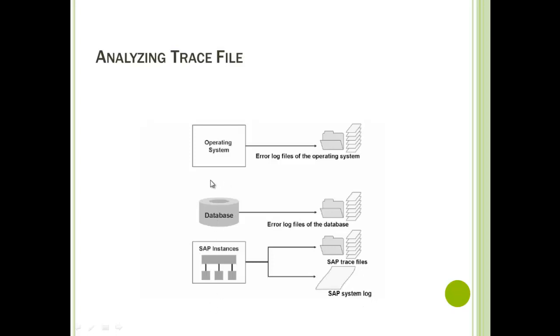The first one is the operating system, which saves the errors related to the operating system, which you know already. We will not get into more detail about the operating system. For example, Windows related error messages and stuff like this. You can also find this trace in your MMC console. When we went to the SAP Start MMC console, you saw the logs.